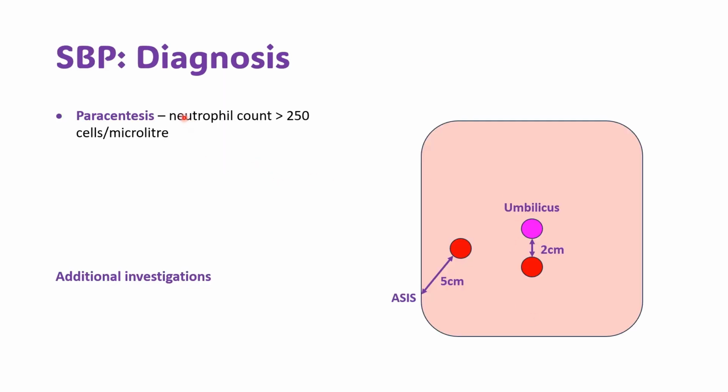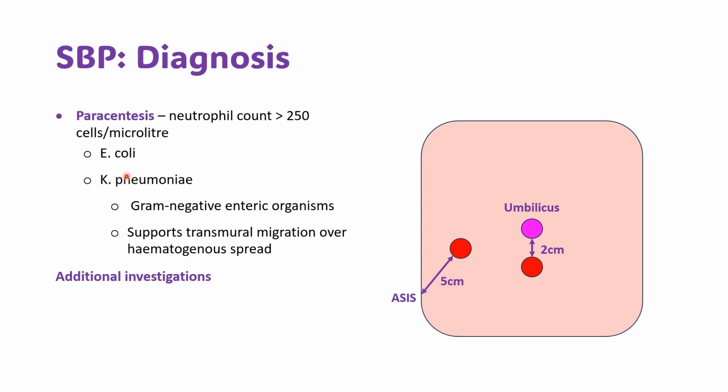So let's talk about the diagnosis of SBP. I've used this term before, paracentesis. That's where we use a needle to sample some of the ascitic fluid within the peritoneal cavity. Also previously mentioned, it's diagnostic of SBP when the neutrophil count is greater than 250 cells per microliter.